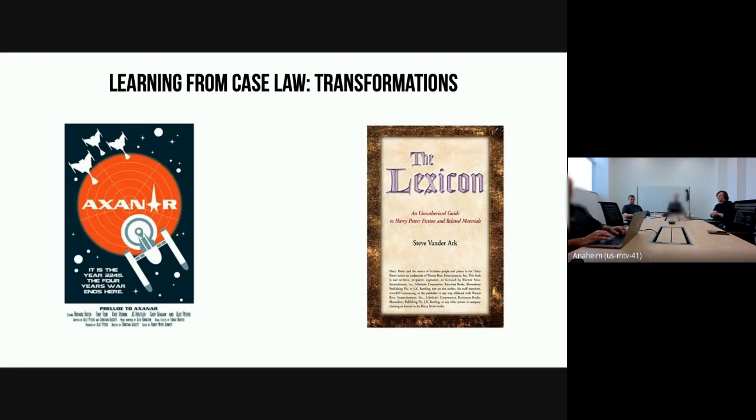Similarly, somebody for Harry Potter tried to create an encyclopedia, a lexicon of all things Harry Potter. Like anything you can imagine about the Harry Potter universe would be explained in this book. But then J.K. Rowling and the publishers sued, basically because there was too much of the original work taken to create these explanations.